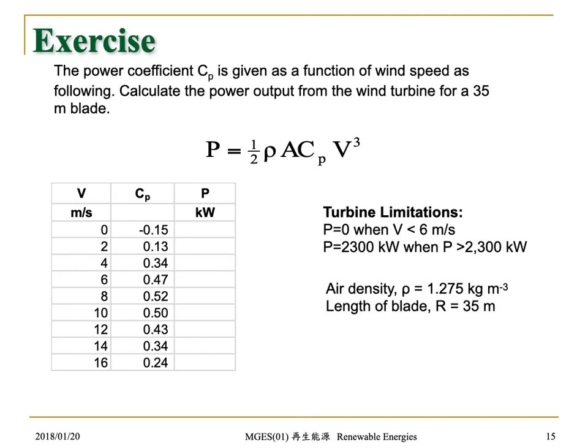The power coefficient is also listed on the table. Please fill out the table and then plot on the diagram, which I enclose with this class, and return it back to me.